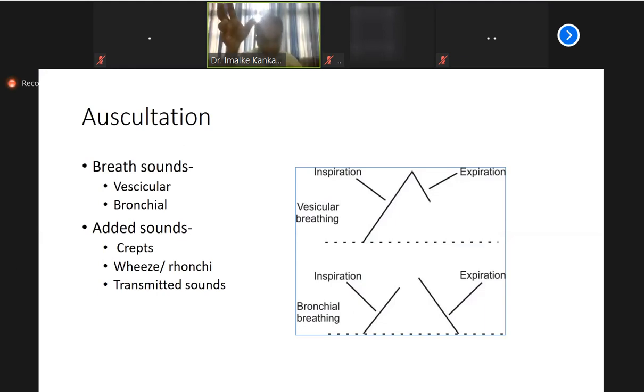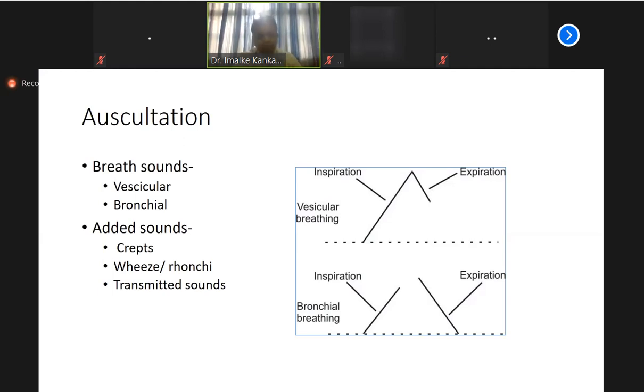Narrow down that first. Okay, that's how I do. If it is bilateral, then it will be bronchopneumonia, aspiration pneumonia, viral pneumonia, bronchiolitis, or even bronchiectasis. If it is unilateral, okay, effusions or lobar pneumonia.